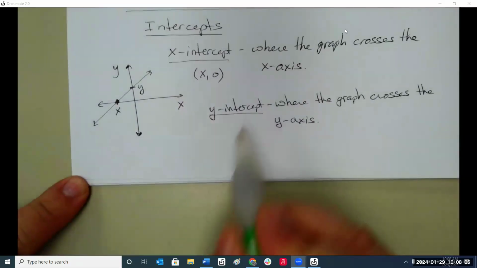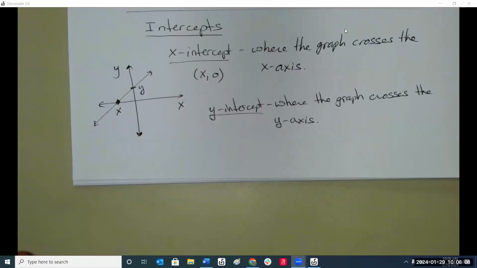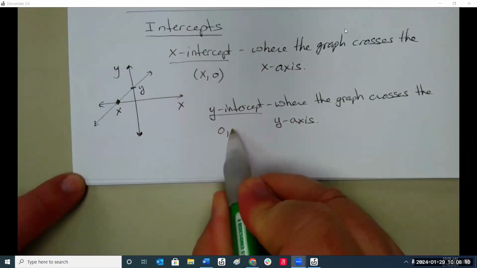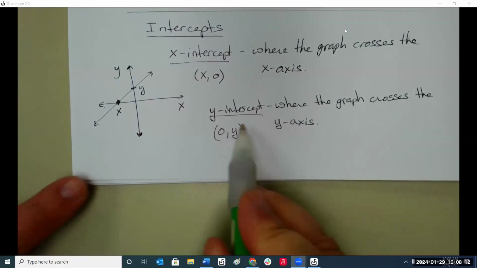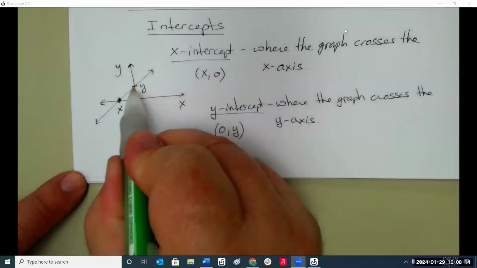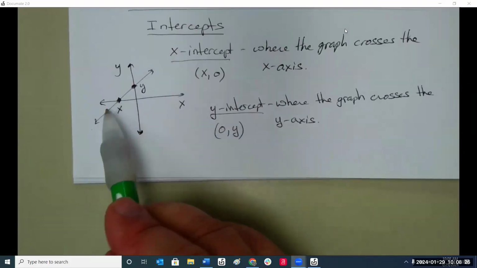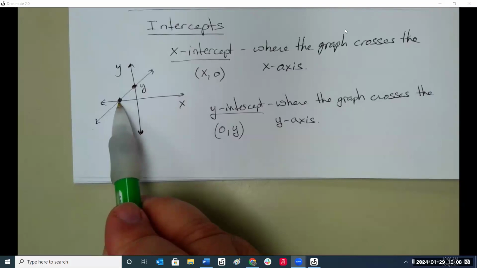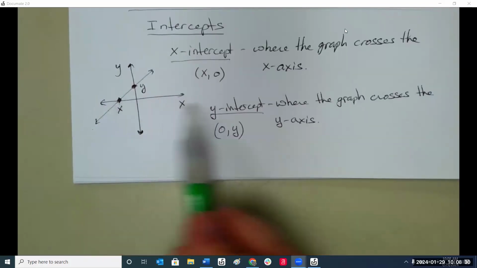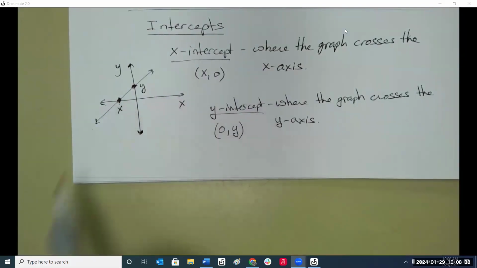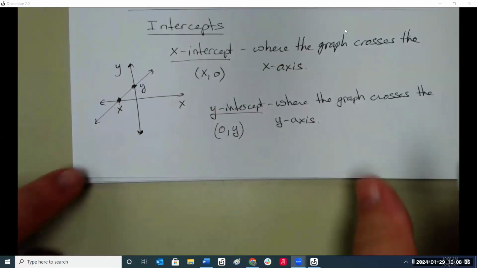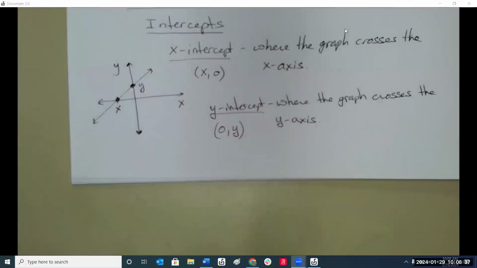What is its location? (0, y), because for the y-intercept, the x value is 0. So if I give you a graph, you just look where it crosses the axis, and that's the x-intercept. So the y value is 0, and whatever that value is is the x value.